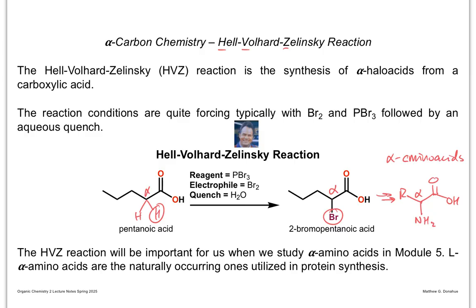This is historically one way. It's probably not used too much anymore because alpha amino acids are enantiopure when they're in proteins, and so people want to make enantiopure things. This method gives you the racemic stereocenter at the alpha carbon.